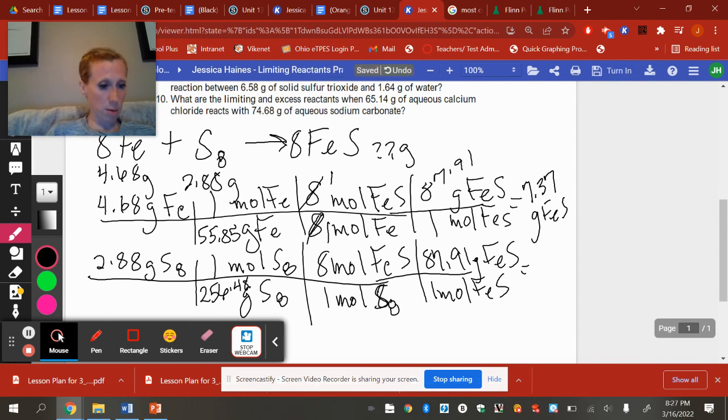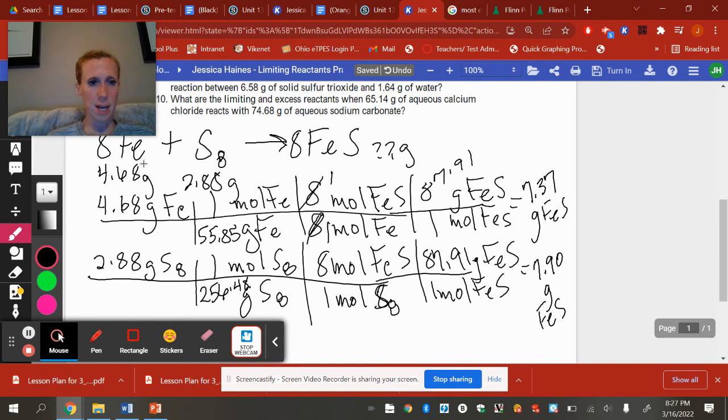So hopefully you're working this out with me, or you're just working it out on your own, which in that case you wouldn't be watching this. 2.88 divided by 256.48 times 8 times 87.91 with 3 sig figs. 7.90. This is actually really close. 7.90 grams of FeS. And the question asks us, what is the limiting reactant?